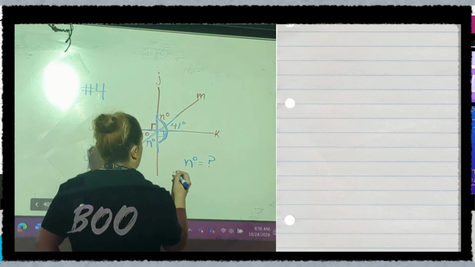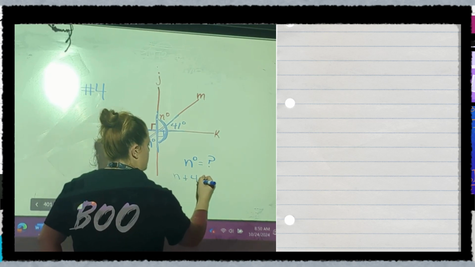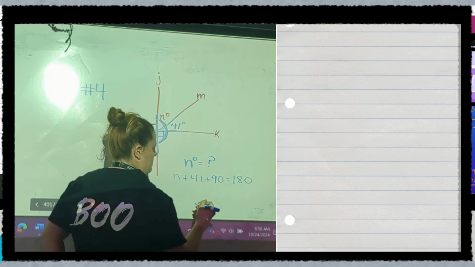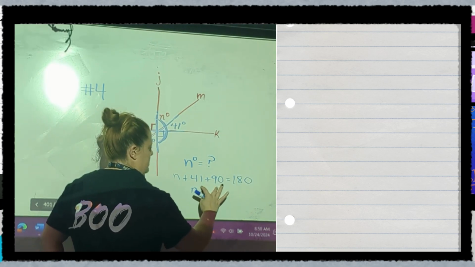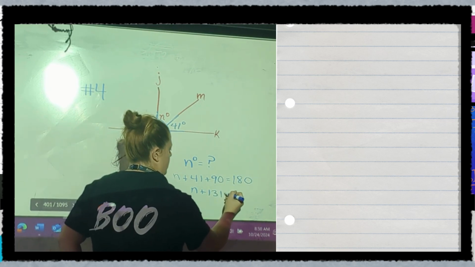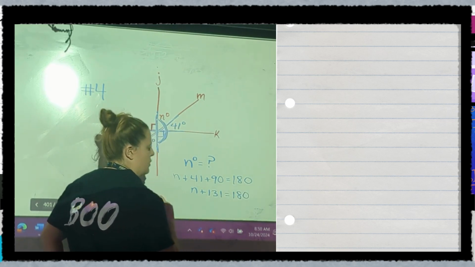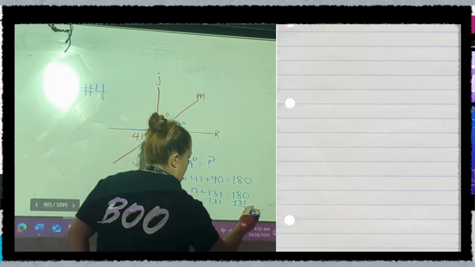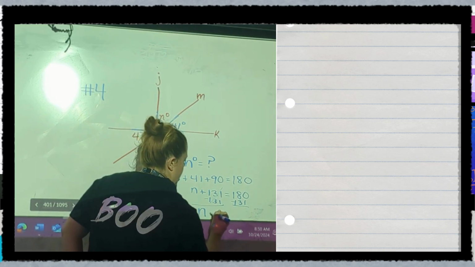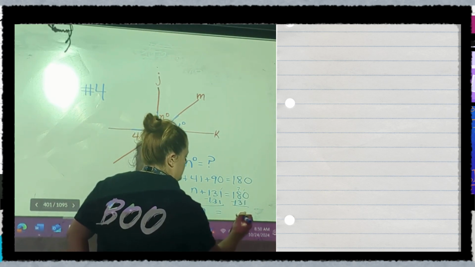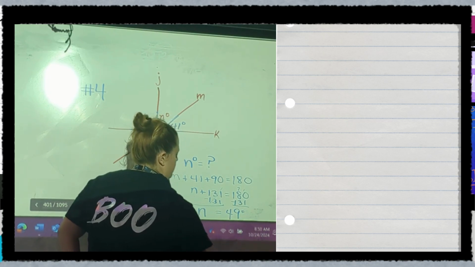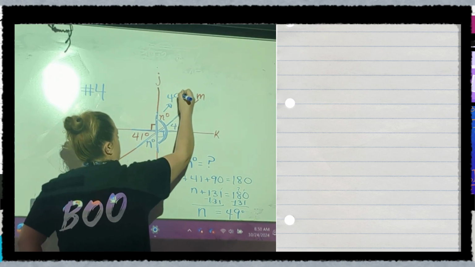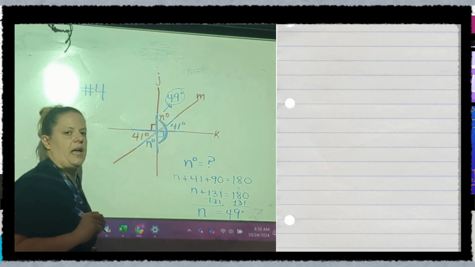Okay, so I have n plus 41 plus 90 is 180. N plus 131 equals 180. Subtract 131 from both sides, and we get n is equal to 49 degrees. Okay? That would be our answer.